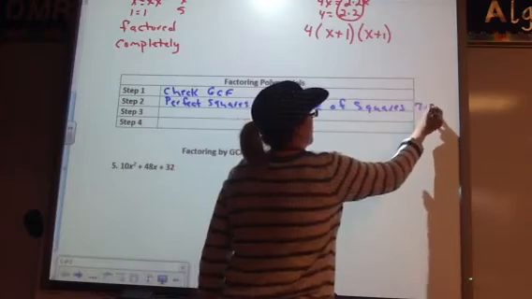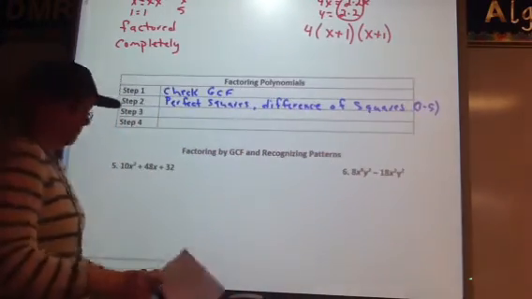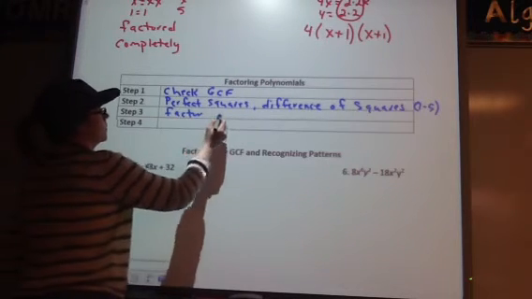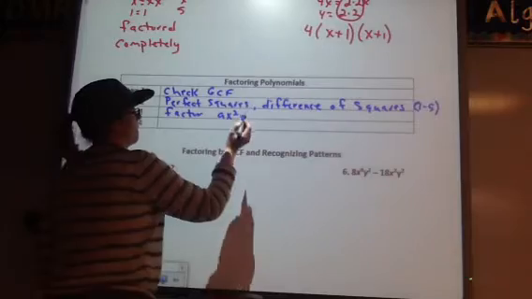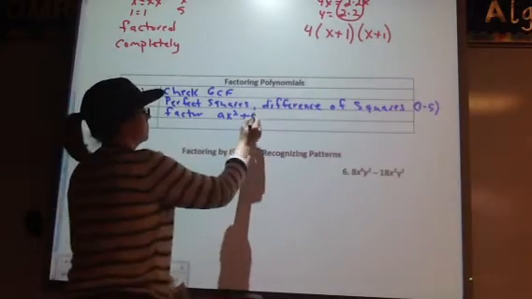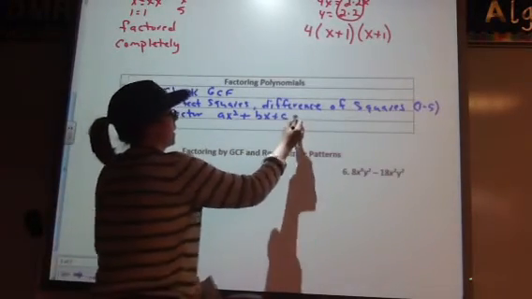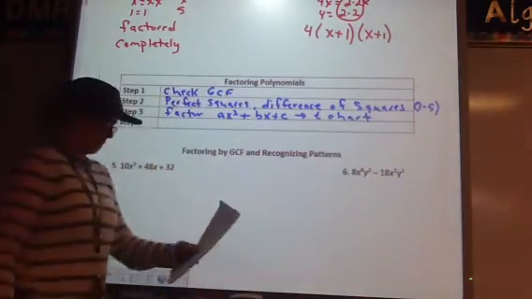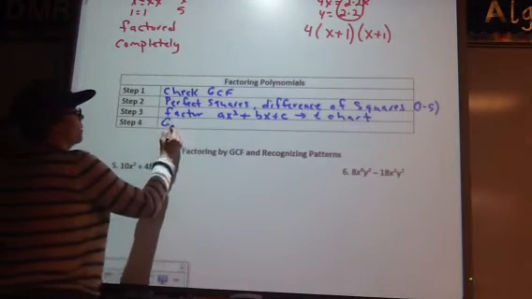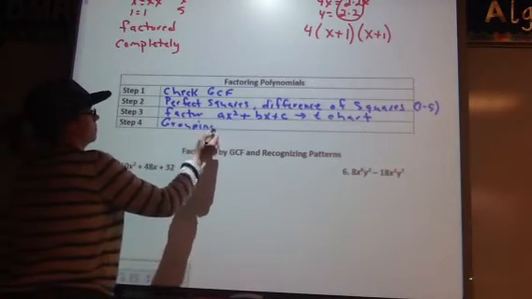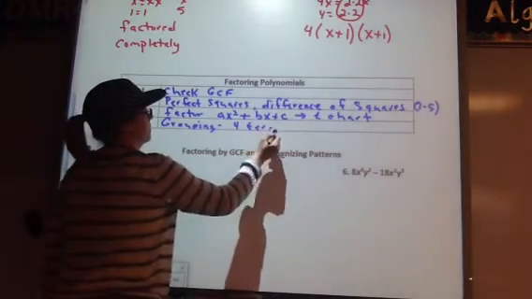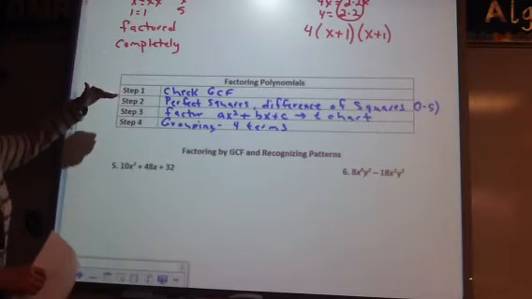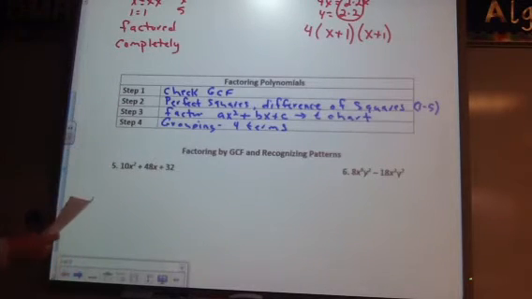And that's what you learned in 7-5. All right? Then you want to factor out with this, and we call that the T-chart. And then you want to finish with grouping, which is when you have 4 terms. Okay? So this is what you want to try to think in your head when you're factoring these out.